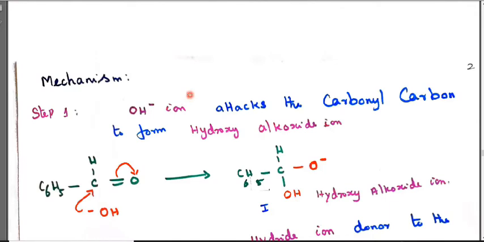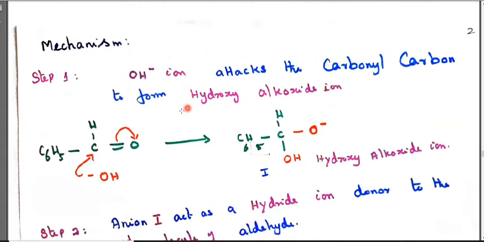The mechanism has 3 steps. In the first step, OH minus, a nucleophile, attacks the carbonyl carbon to form a hydroxy alkoxide ion. I have written C6H5CH double bond O in structural formula. When you compare carbon and oxygen, the electronegativity of oxygen is 3.5, whereas carbon is 2.5.